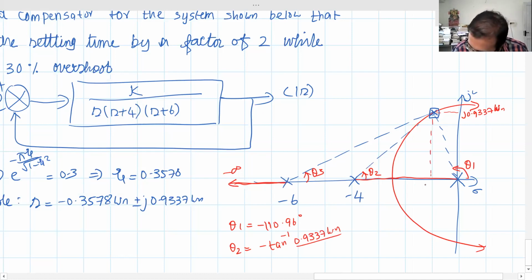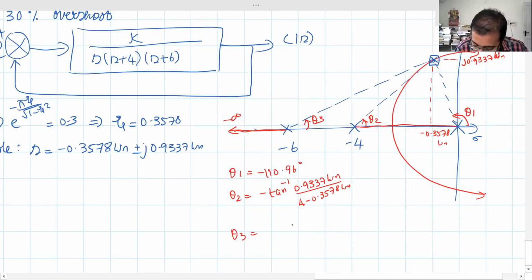This point is minus 0.3578 omega n, so the distance is 4 minus 0.3578 omega n. And theta 3 will be minus tan inverse of 0.9337 omega n divided by 6 minus 0.3578 omega n. The net angle has to be equal to plus or minus 180.